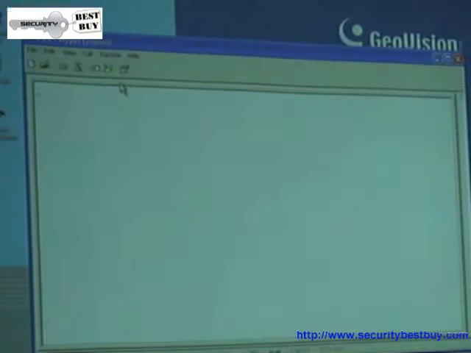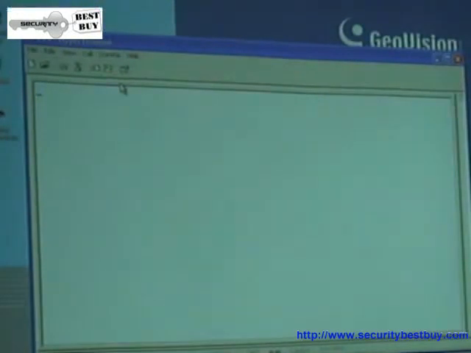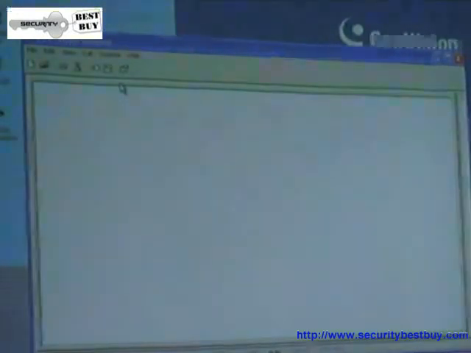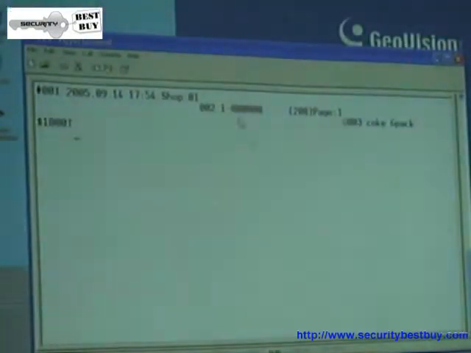And now I'm going to start our POS simulator. It's going to simulate a real-life POS system, and it's going to send outputs to our PC screens.